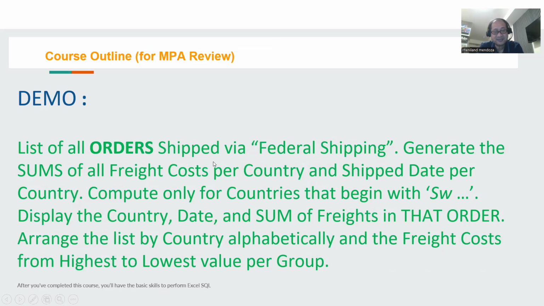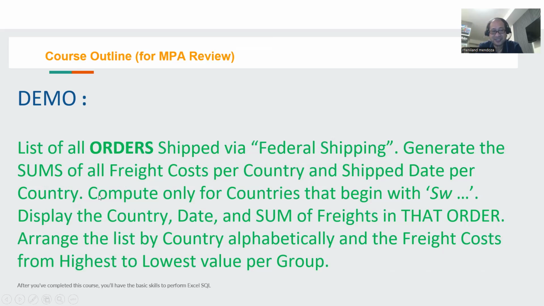I've added here some additional criteria, which I will also discuss in the course. I've added here an aggregation requirement. We have to sum a certain column, and we have to group the sum. The other term for that, I think, is subtotal. We have to generate subtotals for every country, and not only that, for every ship date within each country.